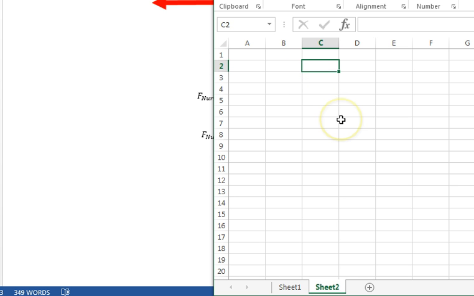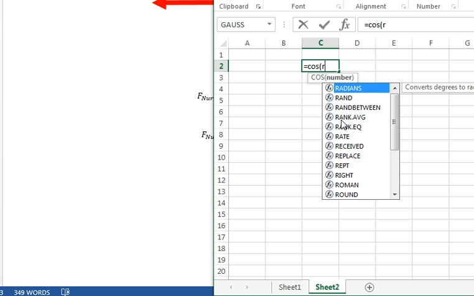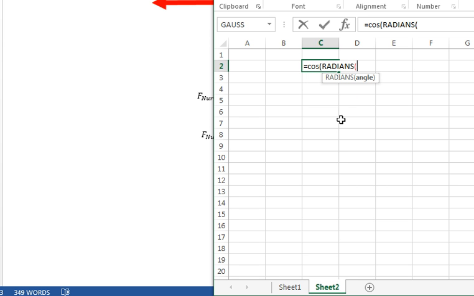All right, so cosine of 35 degrees. We have to convert degrees to radians for Excel, so radians is the function we use there. That's the cosine of 35 degrees, and we've got 60 newtons that we want to be dividing that into.